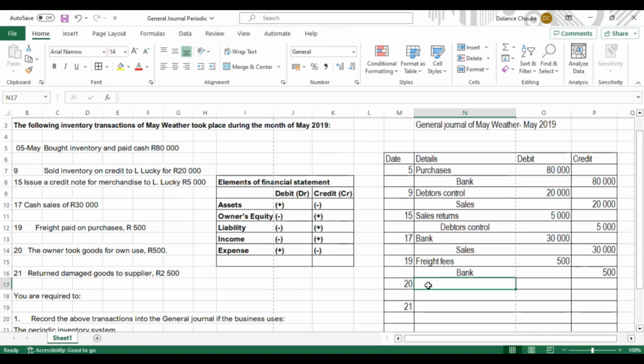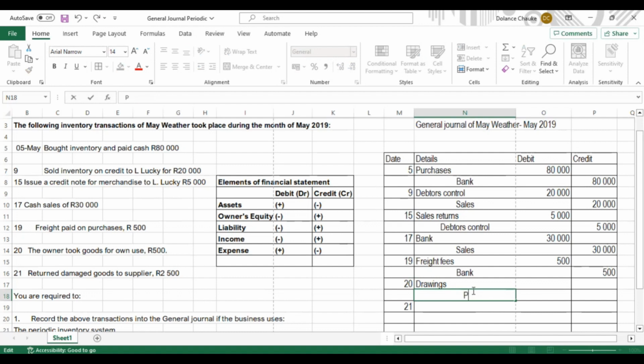When the owner is withdrawing from the business, the ownership decreases, right? That's why we're going to decrease our ownership there, because drawings is an owner's equity account, and whenever ownership is decreasing, we debit. So I'm going to debit drawings, and credit purchases, because he withdrew inventory.